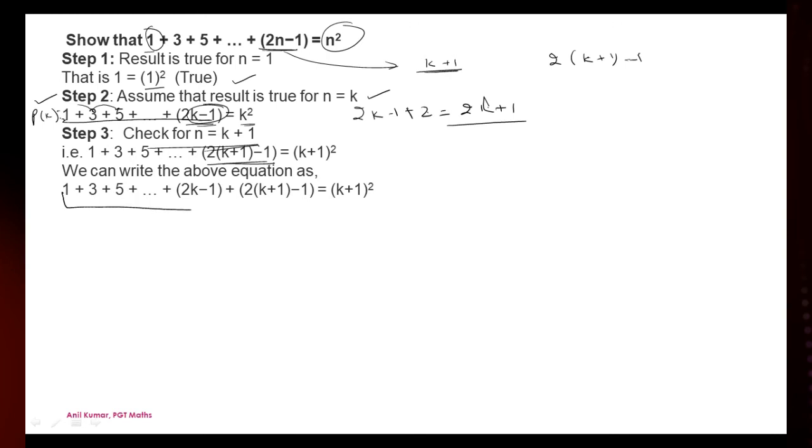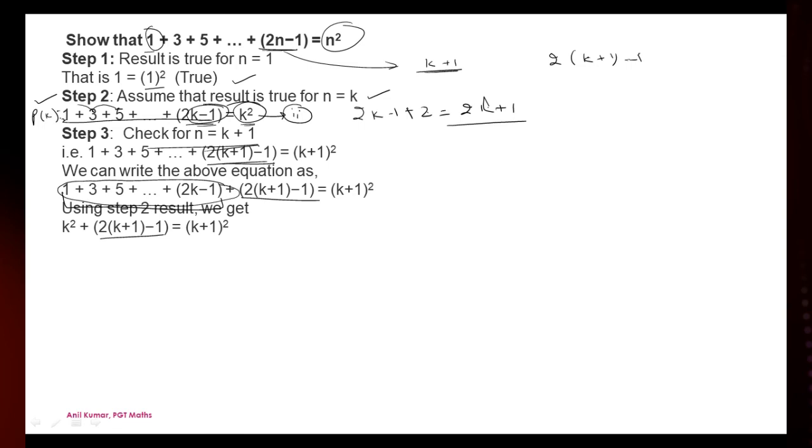Now up to this term I can write from equation number 2 with the help of this inductive hypothesis. I can put it as k square. So let's put it as k square, and this is as it is. For these terms I used k square.